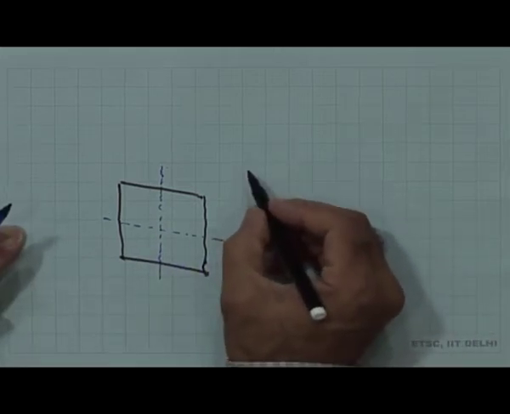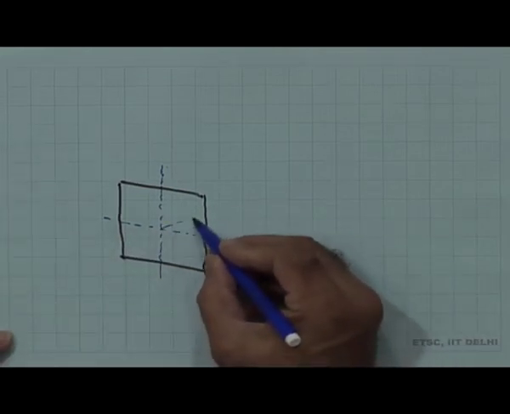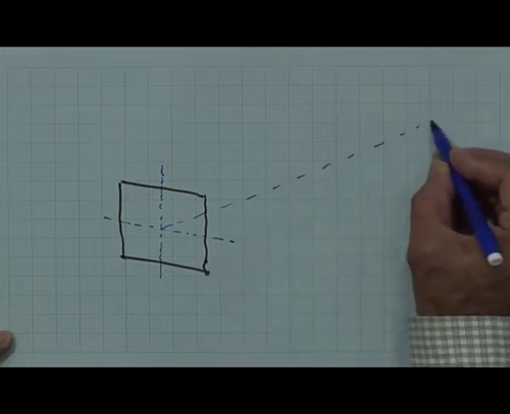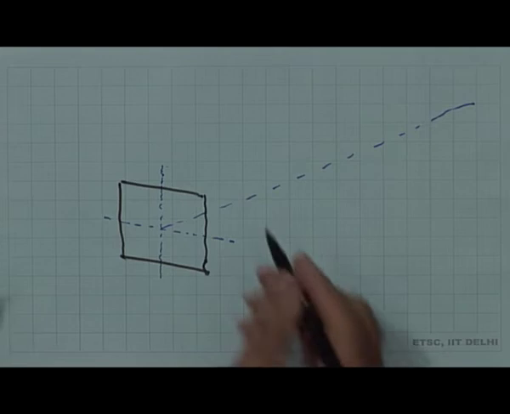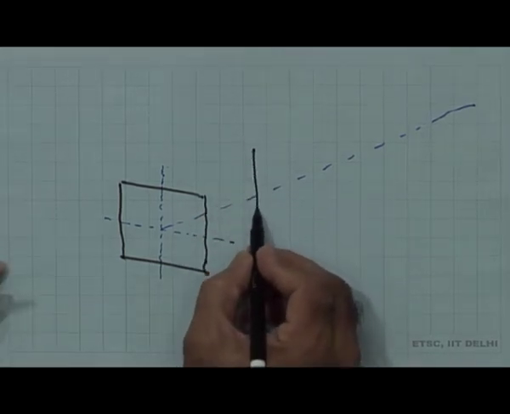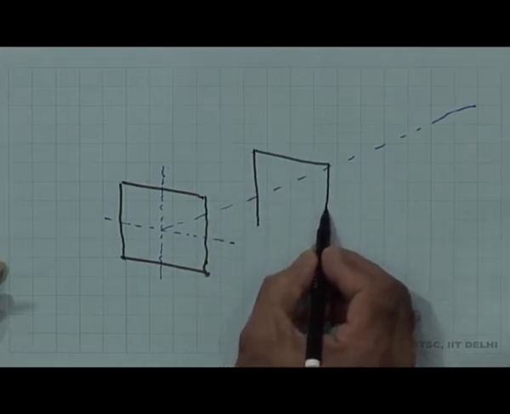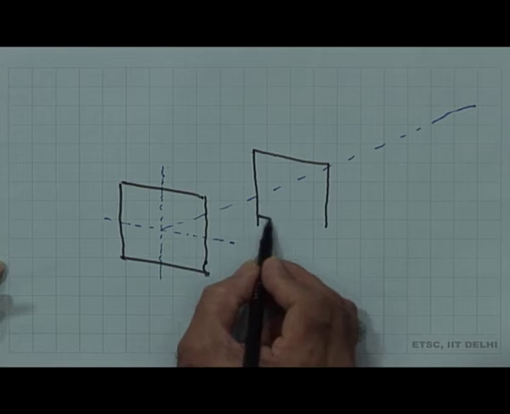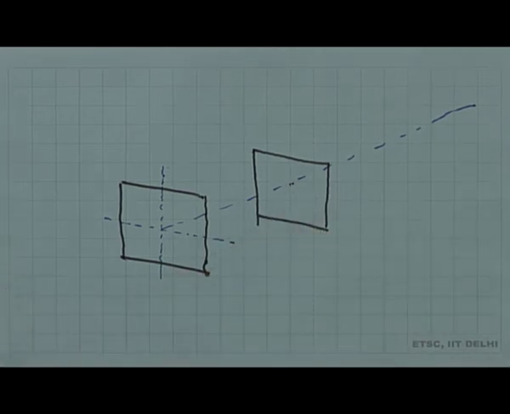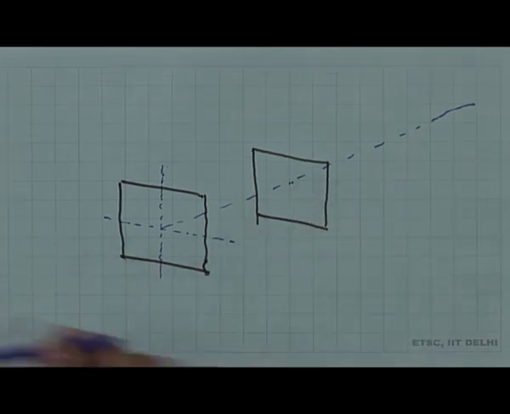This is the first plane, and here is the second plane, where we have the two sources. Here is the center point, and the two sources are located. Let me draw the axes first.